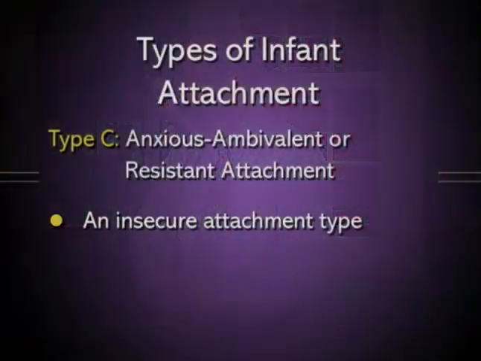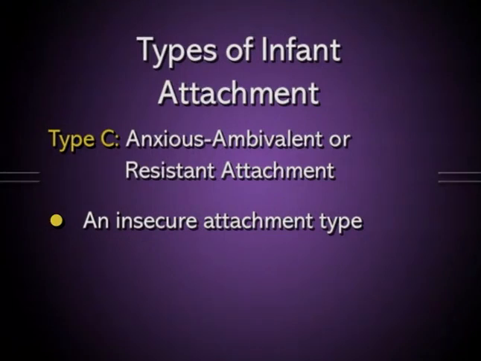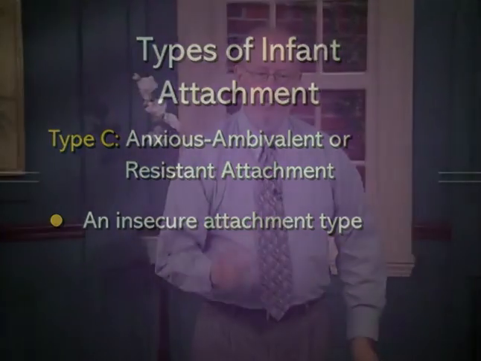If this is the predominant form, if this is what happens most of the time, they called this ambivalent, anxious ambivalent, and it was also an insecure attachment type. You see, for Ainsworth, except in rare cases, she didn't believe there were cases where a kid was not attached. Of course, there are.